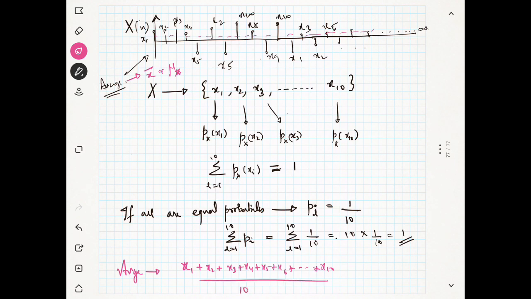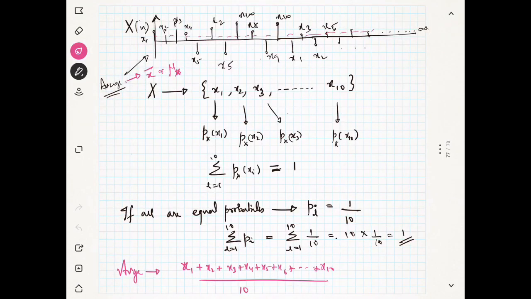Since I have assumed all have equal probabilities, the number of repetitions of x1 will be the same as that of x2. This is the situation if all are having equal probabilities.